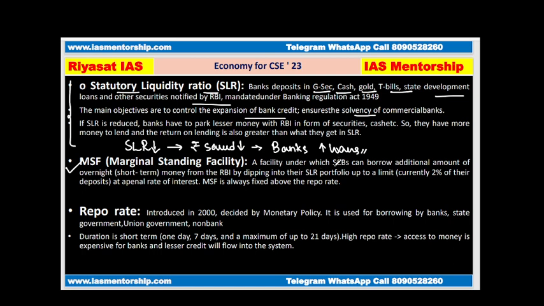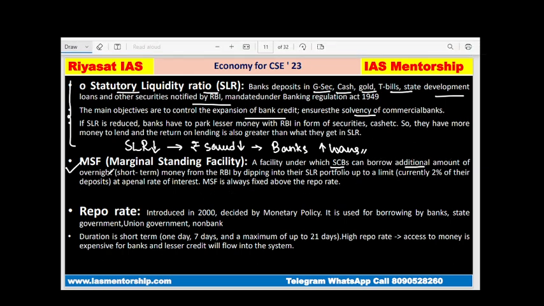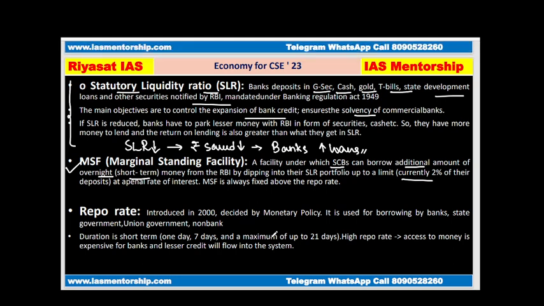If any scheduled commercial bank (SCB) has an urgent money requirement and needs to borrow an additional amount of overnight short-term money from RBI, then you can go with the MSF. Its rate is always higher. For example, normally banks borrow at a 4% rate, but MSF is an urgent type of need, the bank is giving you money immediately and in such a large amount, so the rate is a bit higher than the repo rate. OK, it is greater than the repo rate.